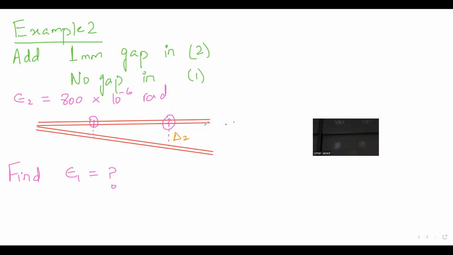The first step: epsilon 2 is 800 into 10 power minus 6, equal to change in length over L2, which is given in the previous stage.